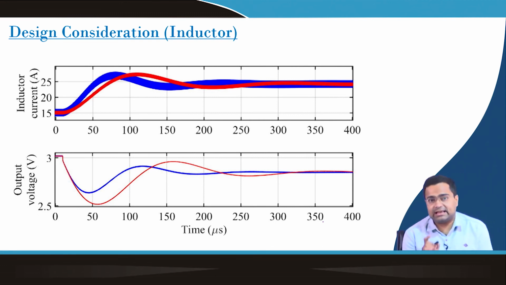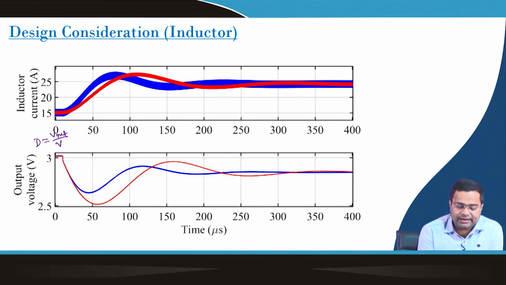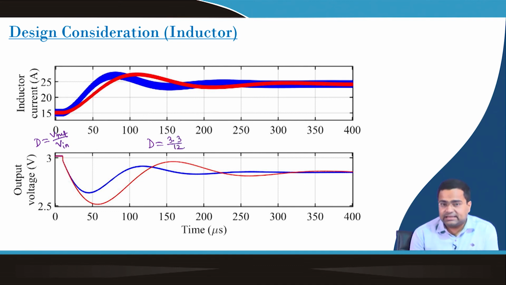Again, this is the case study of a practical synchronous buck converter, where we have set the duty ratio D equal to Vref by Vin, which is D equal to 3.3 by 12. Since there are parasitic drops, the output voltage is not maintained at 3.3 volts because there is no feedback loop. So, it will be less than 3.3 because of the drop, and you will see this drop increases at higher load current, when the average output voltage decreases further.